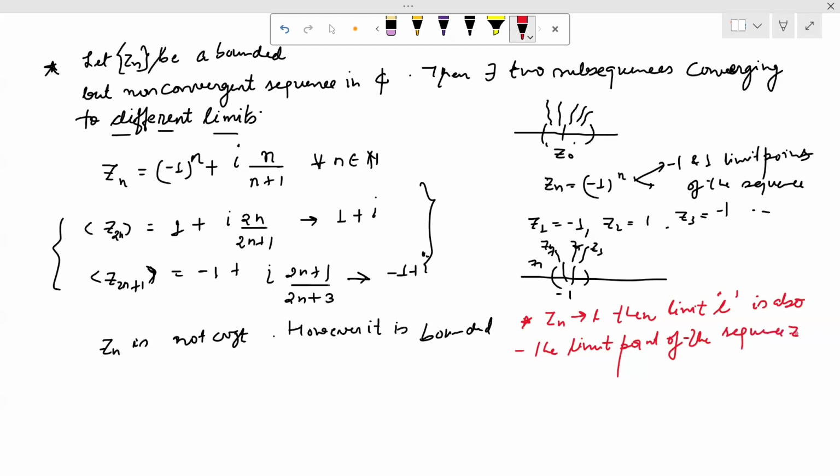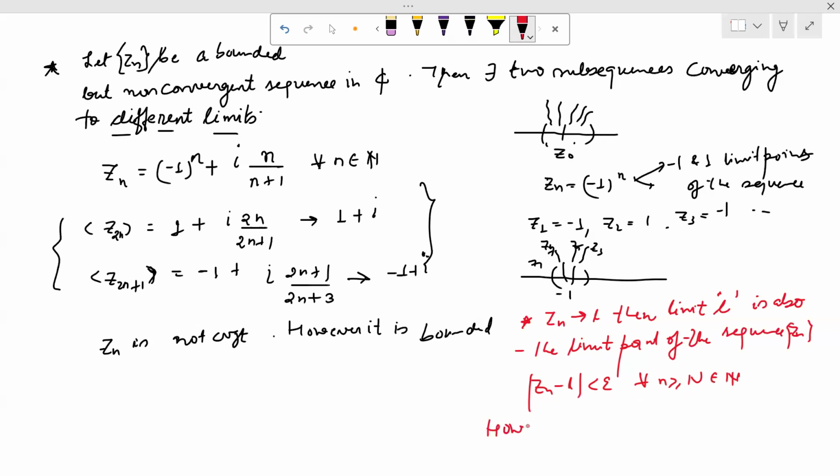It is by definition itself, because if zn converges to L, it means mod of zn minus L is less than epsilon for all n greater than or equal to capital N belonging to natural numbers. So the neighborhood of L contains infinitely many members of the sequence zn. So clearly L is the limit as well as a limit point of the sequence.